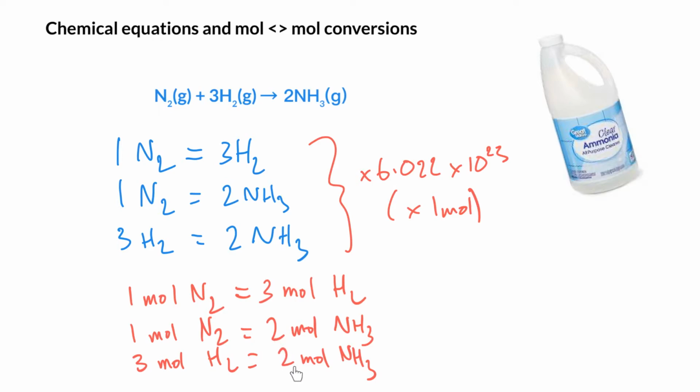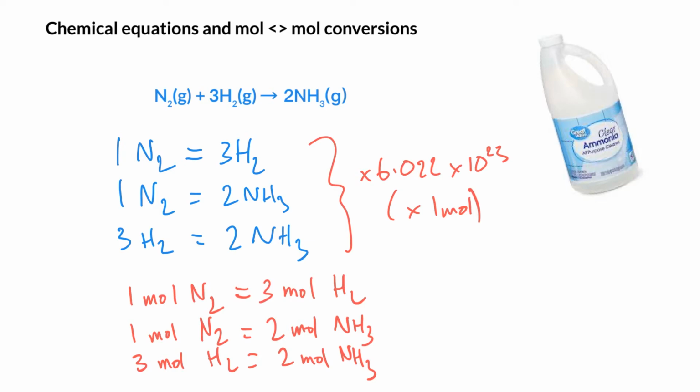So you really just need to point. Those are the 2 nitrogens, and those are the 3 hydrogens, so very cool. And if I want to know how hydrogen is related to ammonia, I point and say 3 moles of hydrogen react and make 2 moles of ammonia. So we can form these conversion factors super easy.